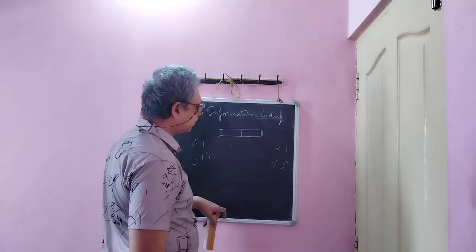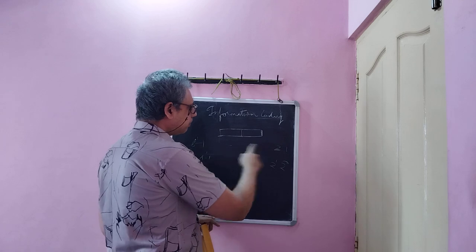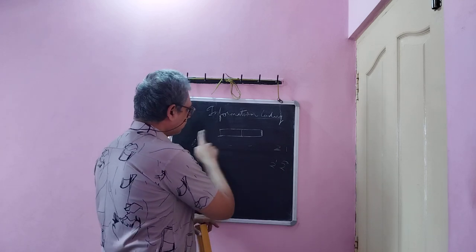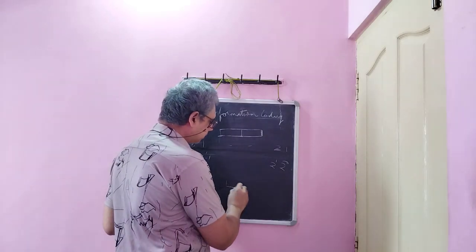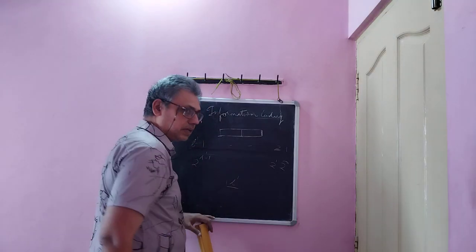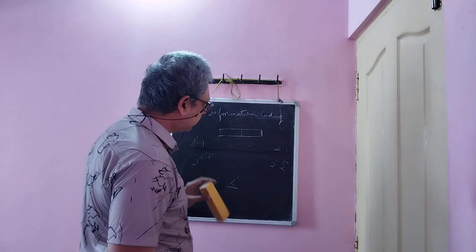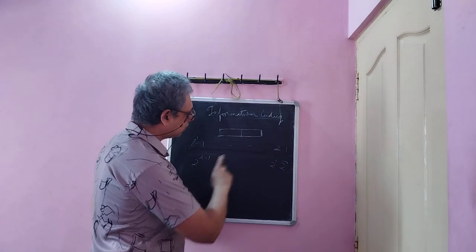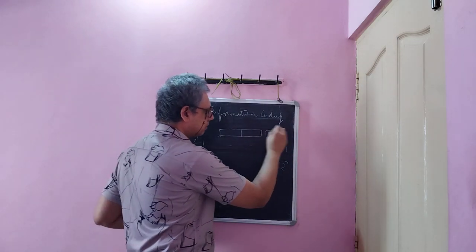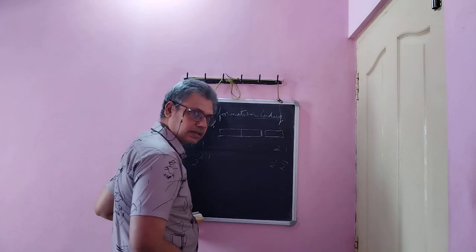You can decrease it by mapping these values to some permutation of this. If there are L dash, there are L dash factorial permutations, which will be very, very large. But you are only interested in some permutation, and then sum up as well, maintain that sum as well throughout the tree.